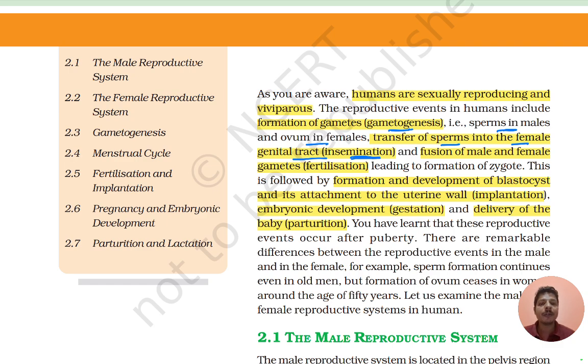Next, fusion of male and female gamete is called fertilisation, leading to formation of zygote. This is followed by formation and development of blastocyst and its attachment to the uterine wall, called implantation. Then embryonic development, gestation, and delivery of the baby, that is called parturition. Remember the term, it is asked.